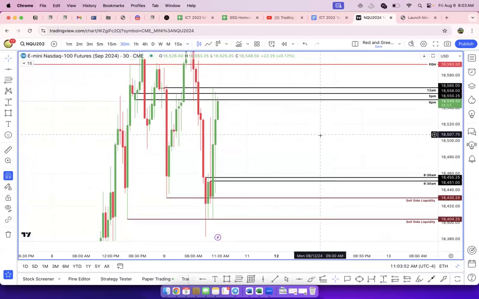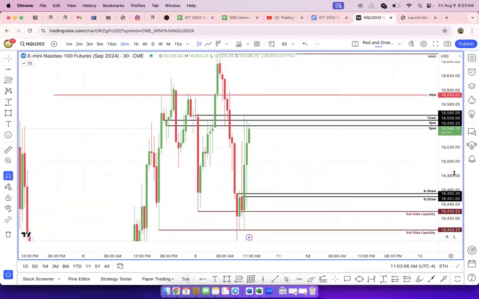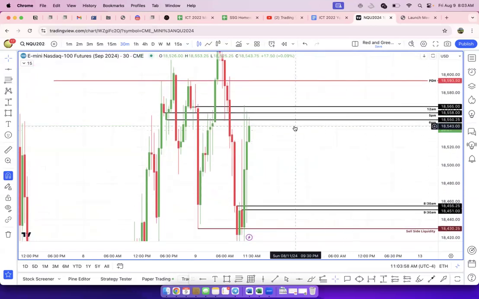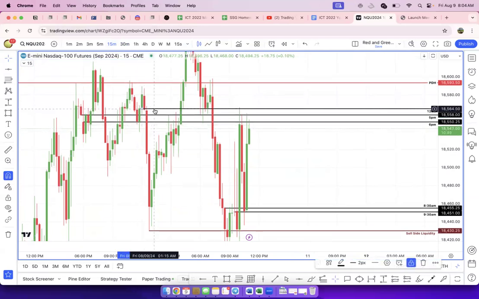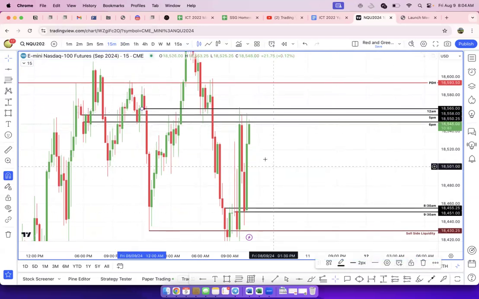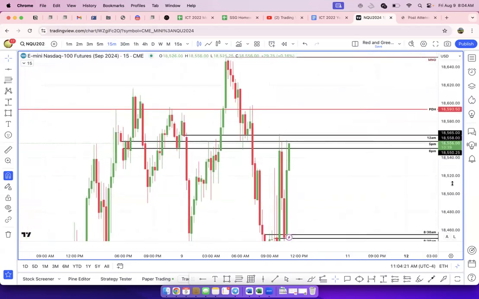I want people to remember that when you're labeling your times, you can go in on, let's say, a 15-minute chart and label the 12 o'clock candle. Of course, I locked everything, and that's another thing you can do: lock your lines, so when you're dragging your chart around, you don't have to worry about accidentally moving one of your lines.